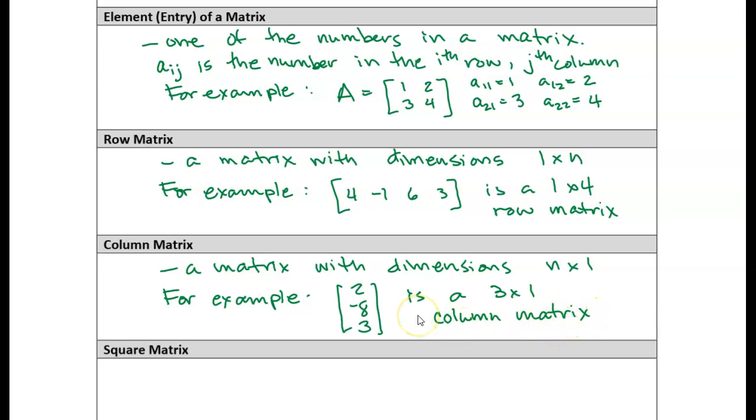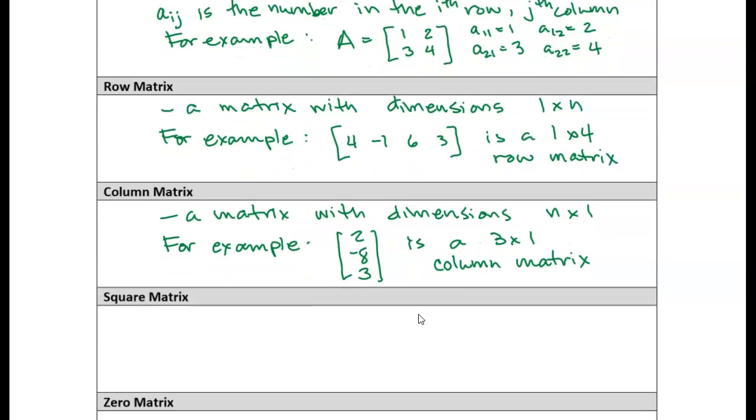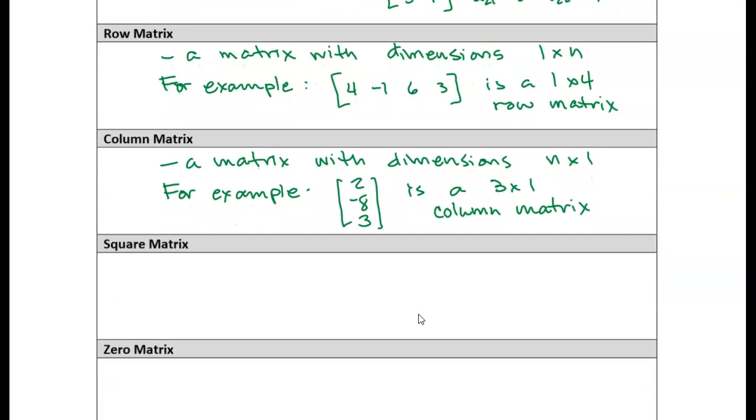Okay. All right. Square matrix. A square matrix is a matrix that's square. It has the same number of rows as columns. So we can say that its dimensions are n by n. So we don't really care how many rows and columns it has, as long as the rows and columns are the same number. So let's look at an example of that.